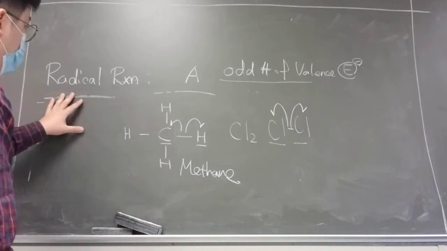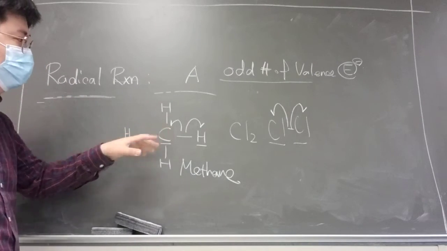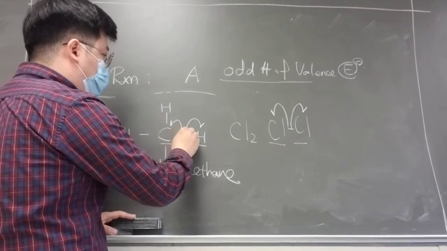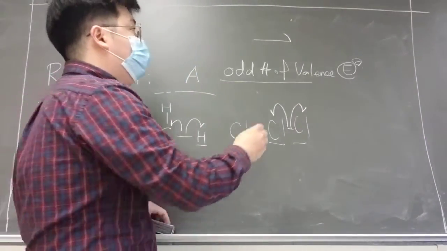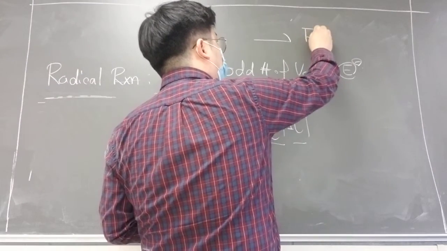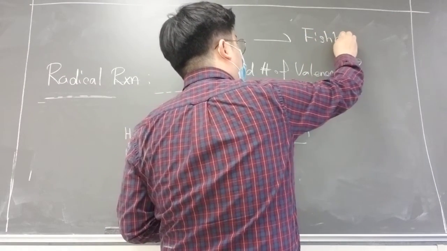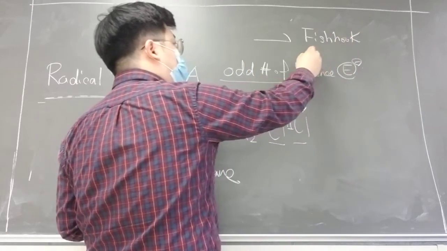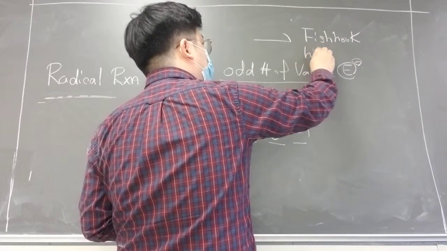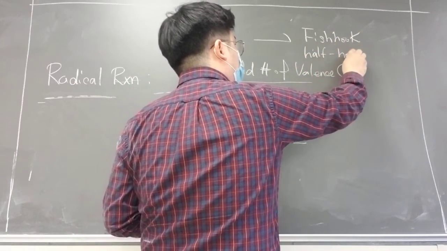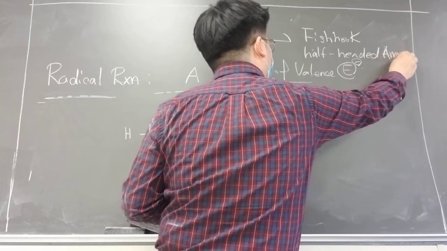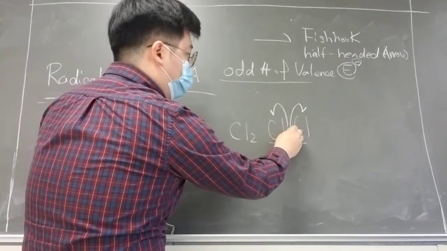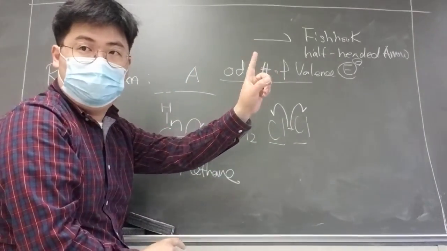So for radical reactions, the way I'm using this arrow here is more like this. This is what we call a fish hook, or some people call it a half-headed arrow. That means this will show you only the direction of one electron, not two.